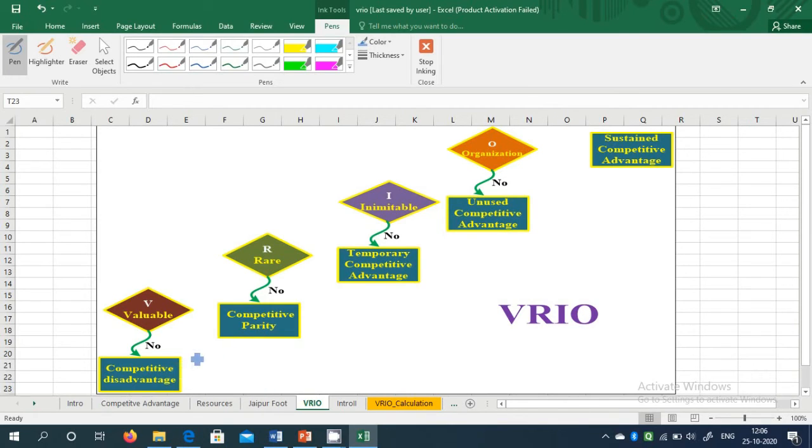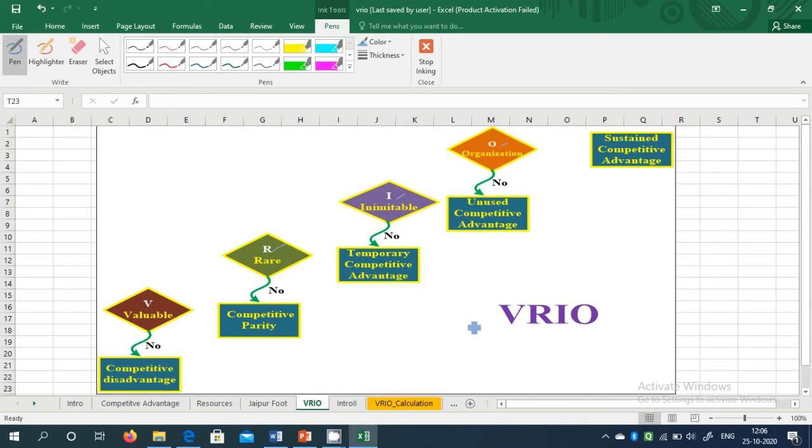Taking the first letters V, R, I, O, the acronym becomes VRIO.